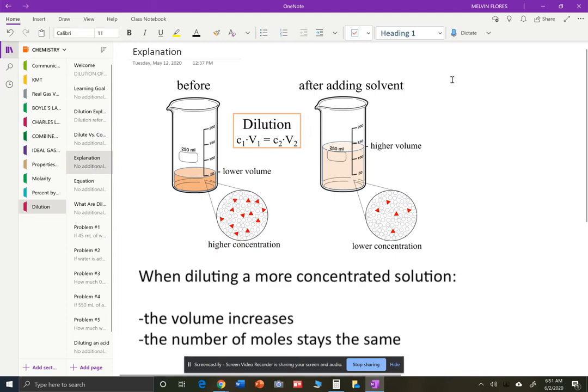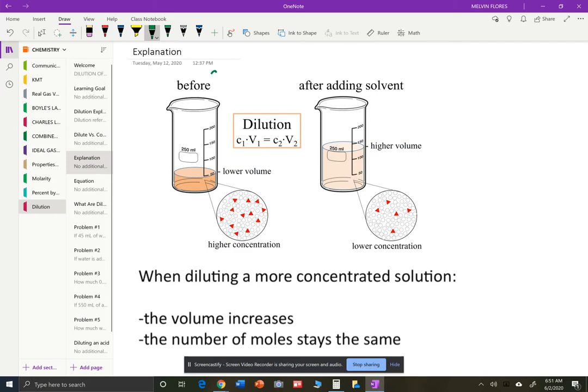So the solution is more concentrated before, and after adding the solvent, it becomes diluted.